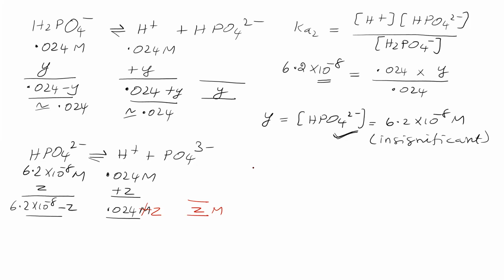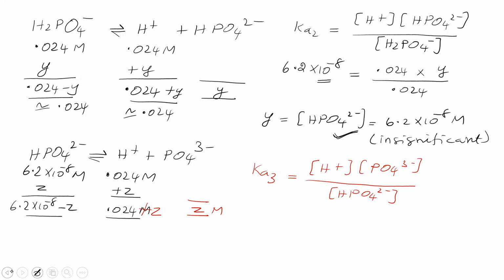Now we will go for Ka3. Ka3 means the acid is bivalent and its conjugate is trivalent. For Ka3, the right side we write in the numerator, that is H plus into PO4 3 minus, divided by HPO4 2 minus in the denominator.